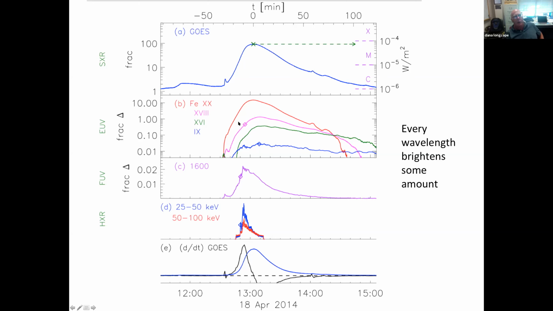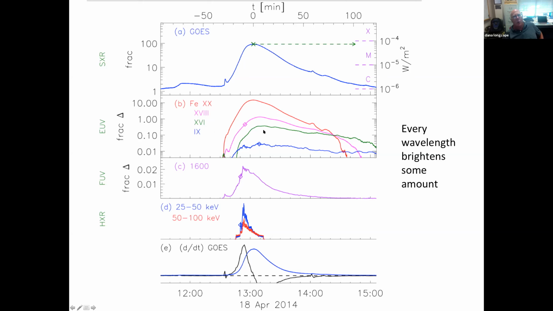Now, if you go to some of the extreme ultraviolets, and these are the ionization states we talked about, you can see we get nice iron 18. That comes from an EVE channel. No iron 17, sadly. But that basically doubles in that wavelength, whatever wavelength that is. Iron 20, which is sort of 10 million Kelvin plasma, the emission in iron 20 lines goes up by a factor of 10.